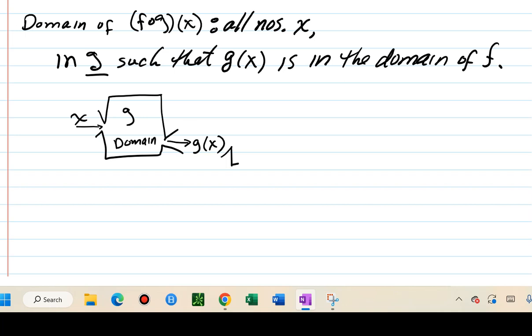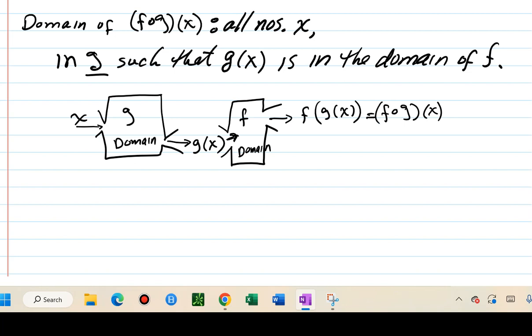It will never work. Then g is fed into f. So what goes in f? Now f should be capable of producing these numbers. So we look at the domain here. And then the output is going to be f of what g has passed on to it. F of g of x.